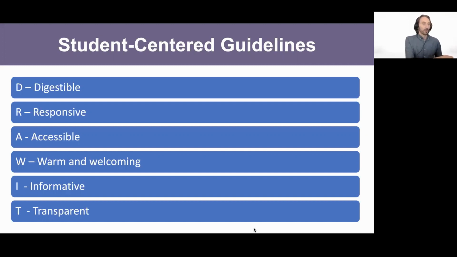Accessible, so we try to think of students with different circumstances and challenges they may deal with, and so designing in a way where we're considering students of many different backgrounds and current circumstances. Warm and welcoming, setting the tone for the class, and the expectations for the course up front.